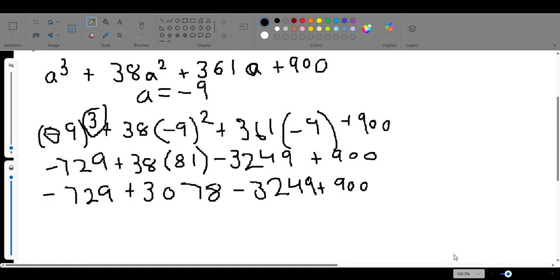And then we can add this. Okay, so 3,078 minus 3,249 plus 900 minus 729. That gives you 0. So all of this equals 0.